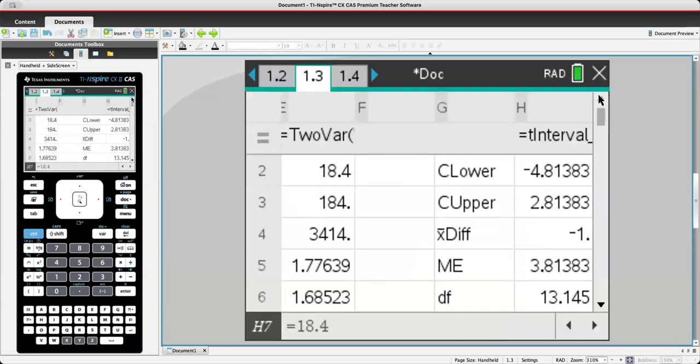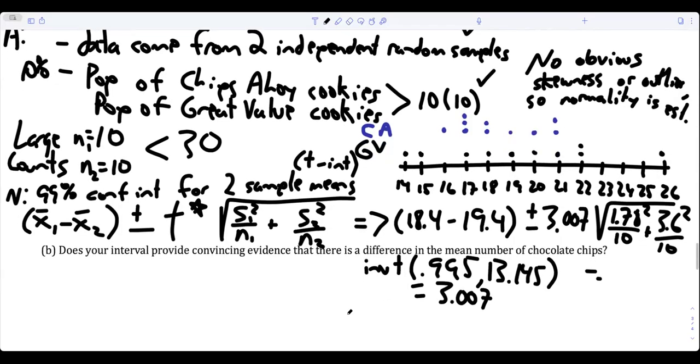And let me scroll up there. So I've got my lower bound, I've got my upper bound. There's my degrees of freedom, which I used to find inverse T. It was 13.145.